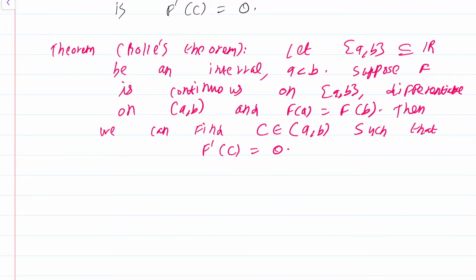Proof. Again, the proof is going to be a straightforward application of the previous lemma. If f is constant, nothing to prove.